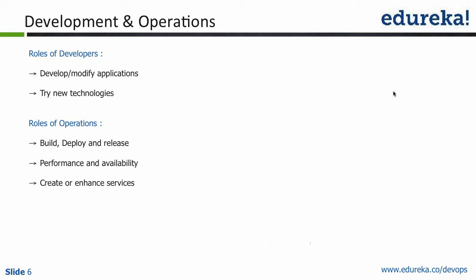Now, availability we cannot call a feature. Availability has become more of a hygiene factor: we need to have our applications available close to 100% all the time. So that means for operations, availability becomes the number one priority. Of course, performance is also an important aspect, but availability is the number one priority for ops.